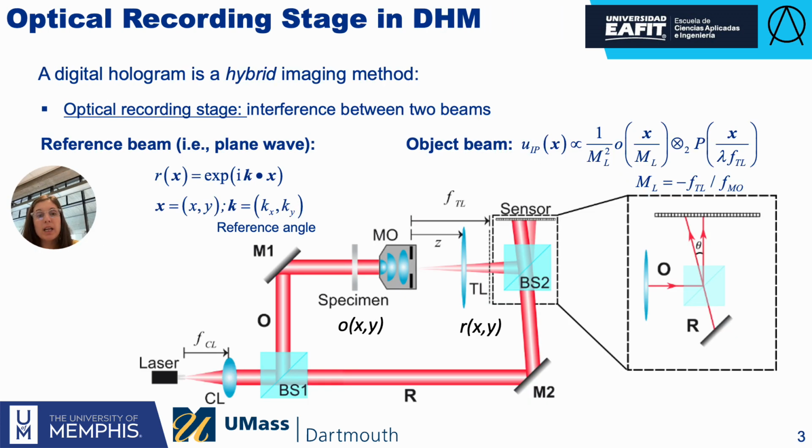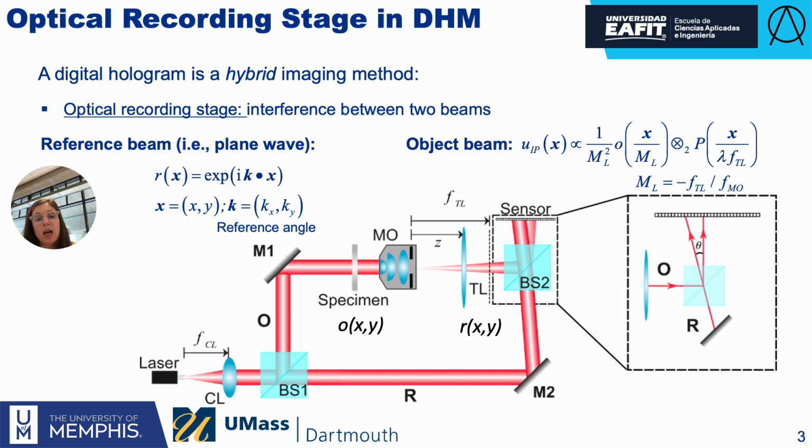So the whole idea is a hybrid imaging method. A hybrid imaging method means that you have your optical hardware, your optical system, but you also need a computational framework. The optical system is just like the traditional Mach-Zehnder interferometer, so your sensor records the interference pattern between an object and a reference, and within the object arm you introduce a microscope.